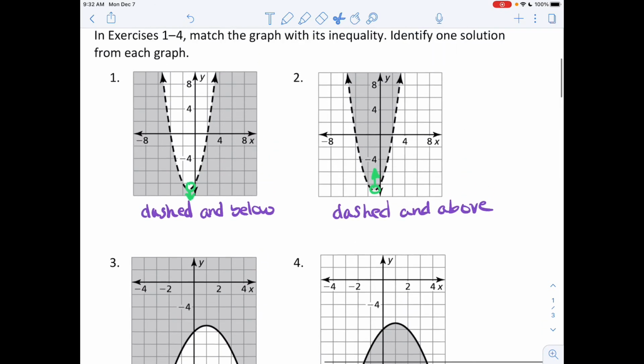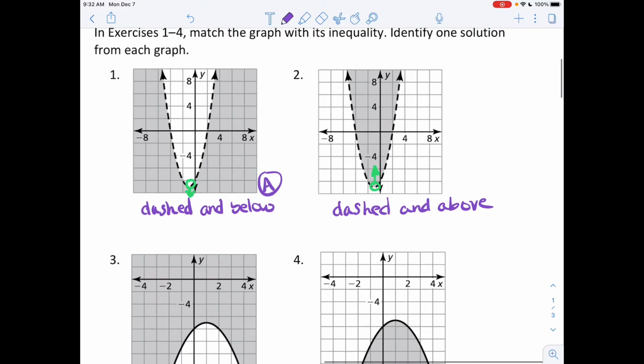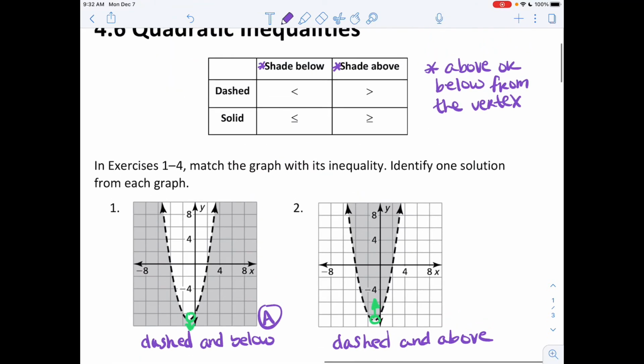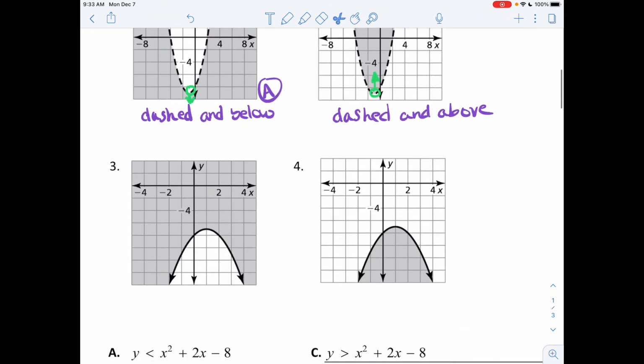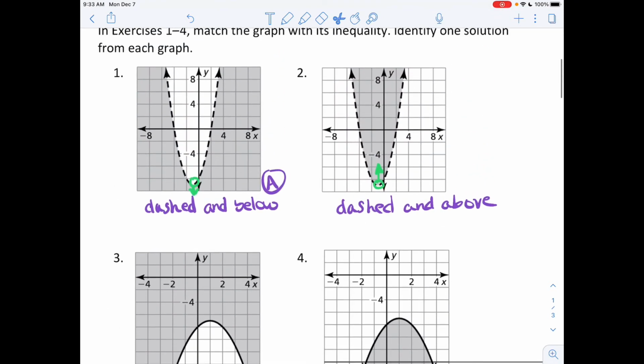So number 1 is going to be A. Number 2, dashed and above. Okay, so dashed tells me that I am on this row, and above tells me specifically that it's a greater than symbol. So looking at the bottom again, my greater than symbol is on C, so C is going to be my answer for this one.